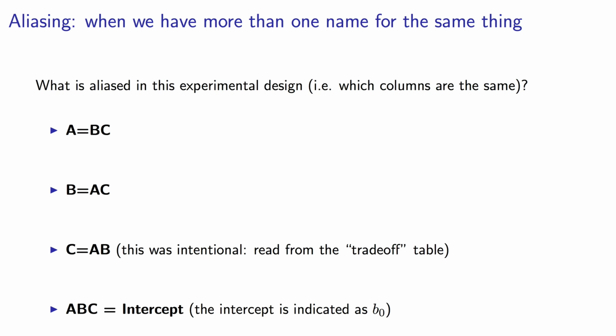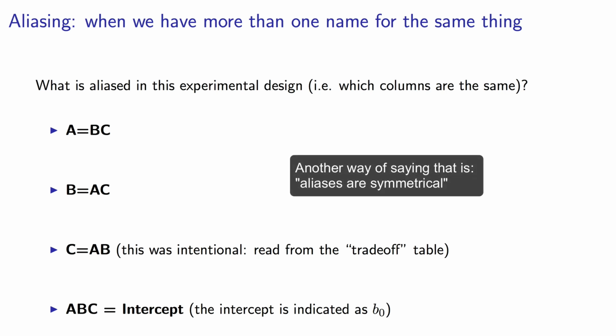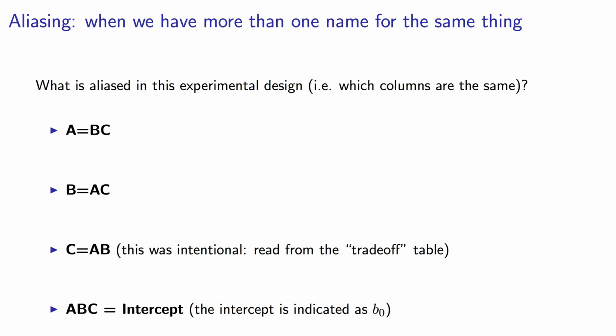It means the effect of A is confused or mixed up with, or confounded with the BC interaction. We cannot tell them apart. A is an alias for BC, and BC is an alias for A. That's the price we pay for doing half the experiments. And in some cases, it is a price that is worth paying.